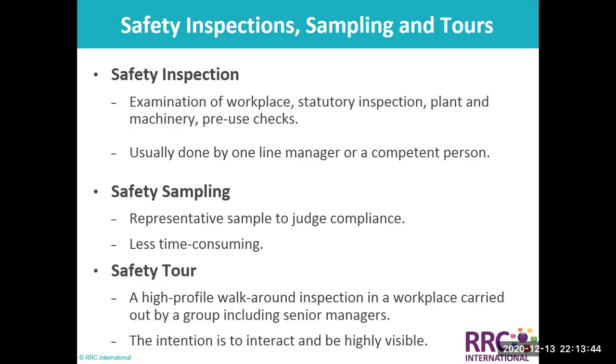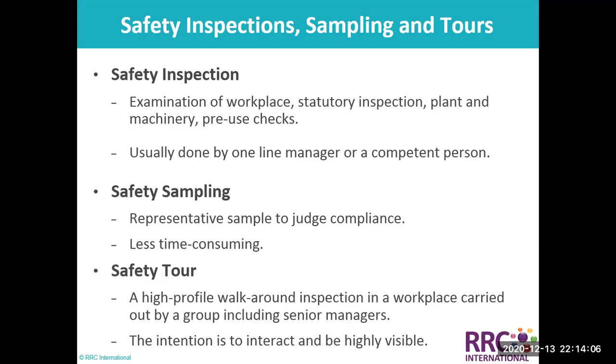Safety inspection is an examination of the workplace. Statutory means it's required by law. Some places, like some oil and gas companies, have their own inspections, which they carry out either quarterly, monthly, or annually.